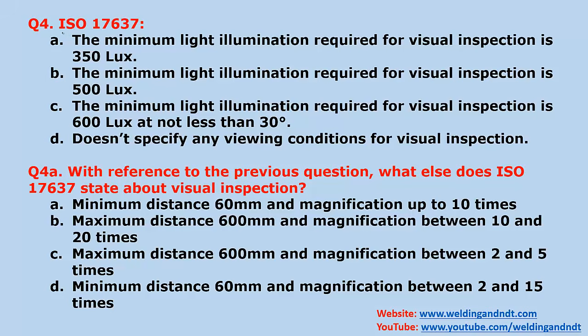So ISO 17637 has very clearly specified the conditions for visual inspection, and it says that the minimum light should be 350 lux, but at the same time they have recommended that it should be more than 500.